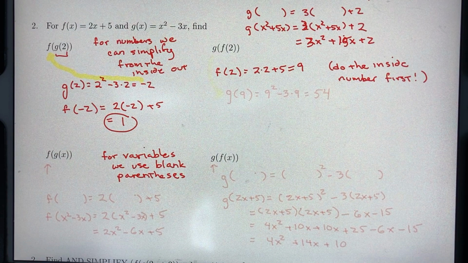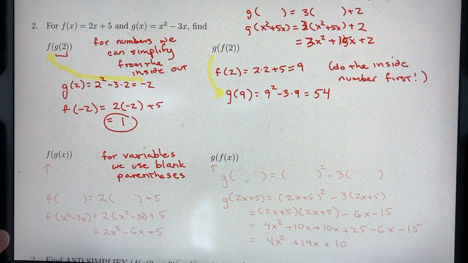So we're taking f of 2 and turning it into 9, and then we plug that into g. So g of 9. What's g? Thing squared minus 3 thing, so 9 squared minus 3 times 9. Stuff into calculator if you must. 81 minus 27 is 54.